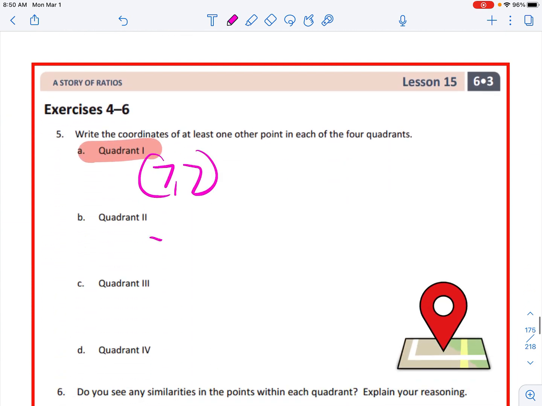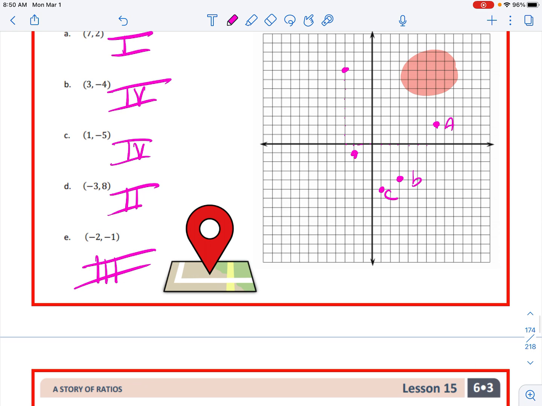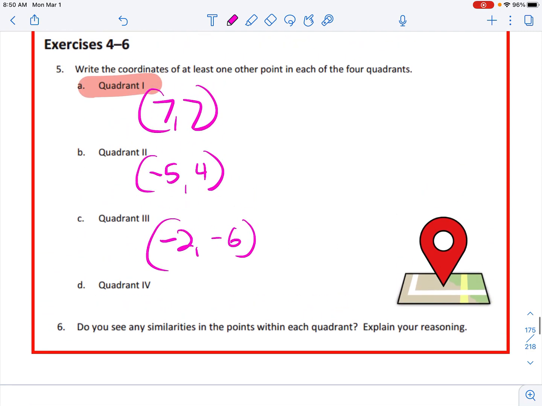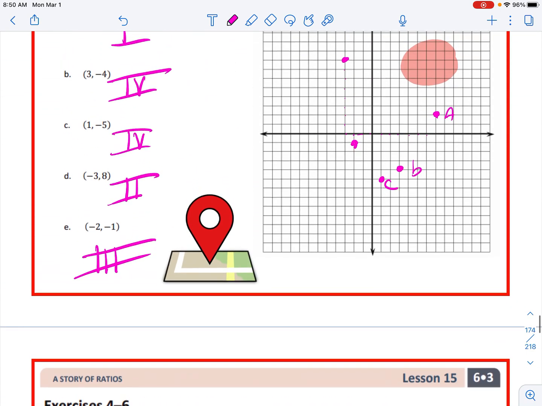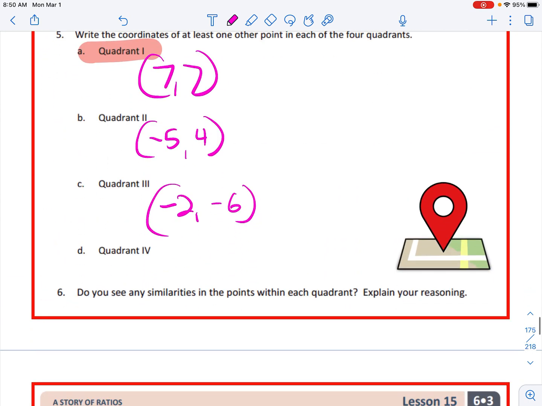So let's do negative 5 and 4. Quadrant 3, both numbers are negative, so negative 2 and negative 6. In quadrant 4, the first number is positive and the second number is negative, so 3 and negative 7.